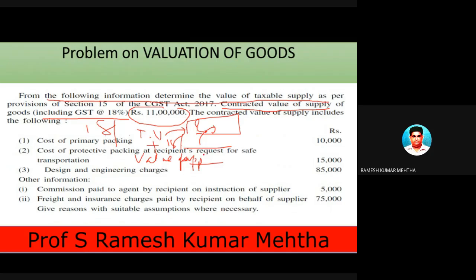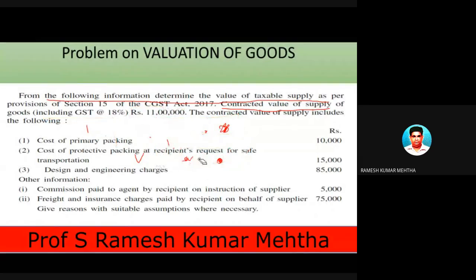Our concern is to find out this one, which is given in the problem as 11 lakh rupees, inclusive of this one. We have to remove this 18% from the concerned amount. So this part is over, and the first part of the discussion also is over.